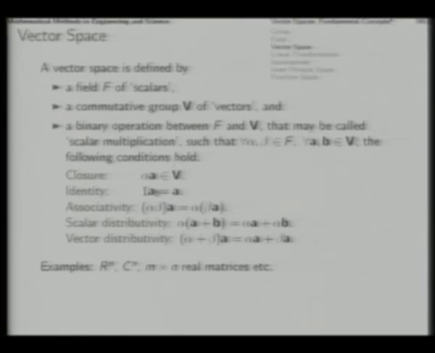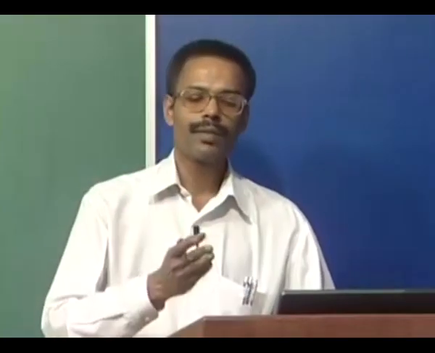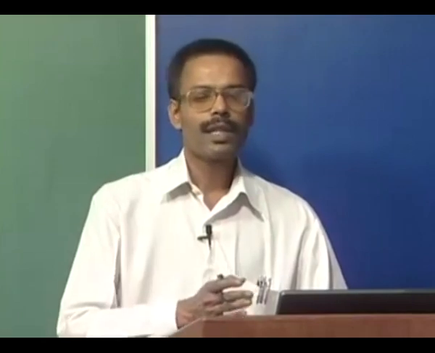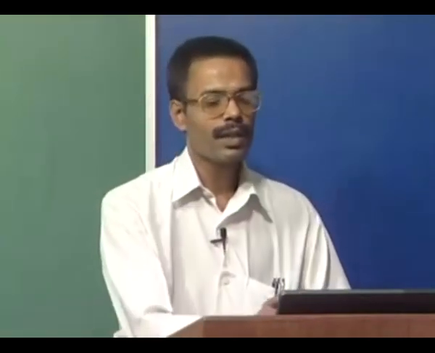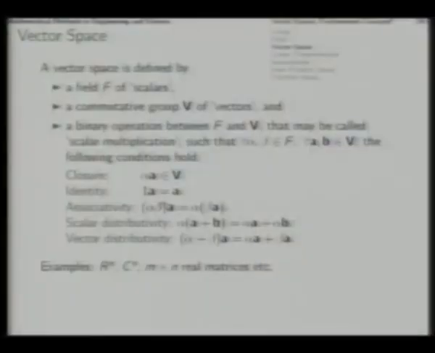There is an identity element, that is, there is a scalar, that unity, the multiplicative identity of F, which multiplied to the vector gives the same vector back. Associativity: if we multiply a vector, say with 3 first and then with 2, the result is the same as if we multiply in one shot with 6.